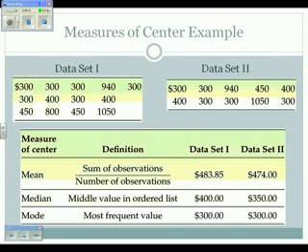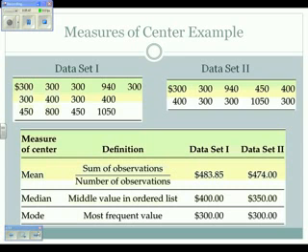So 300 plus 300 plus 300 plus 940 plus 300 plus 300 plus 400 plus 300 plus 400 plus 450 plus 800 plus 450 plus 1050. We would add all of those data values together, and then we would divide by the amount of data that we have. So I believe we have 13 data values in this data set number 1.